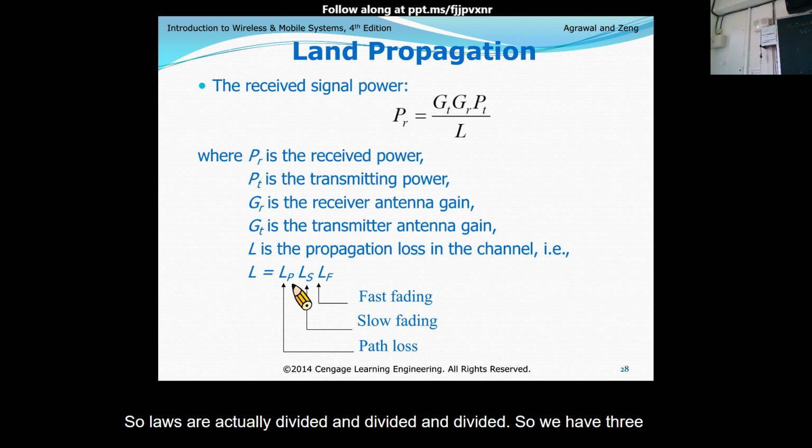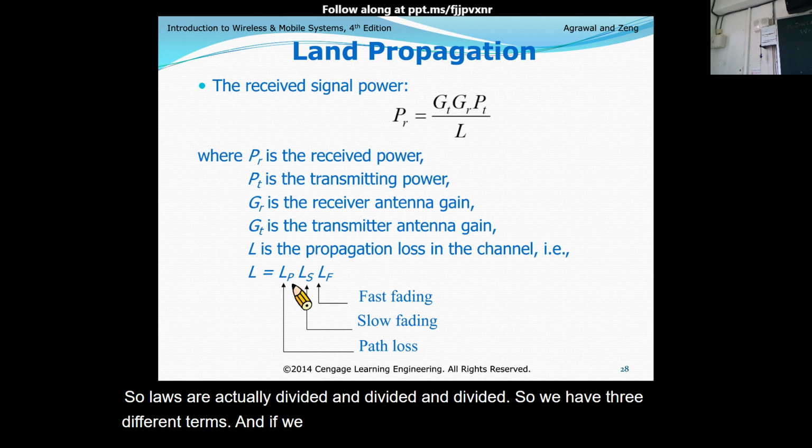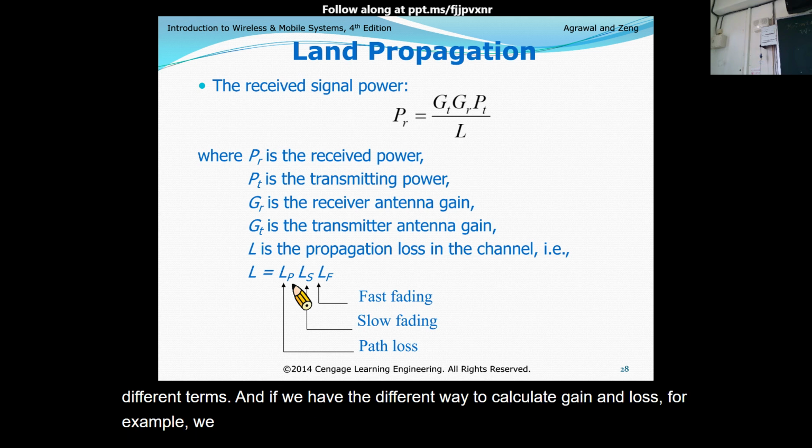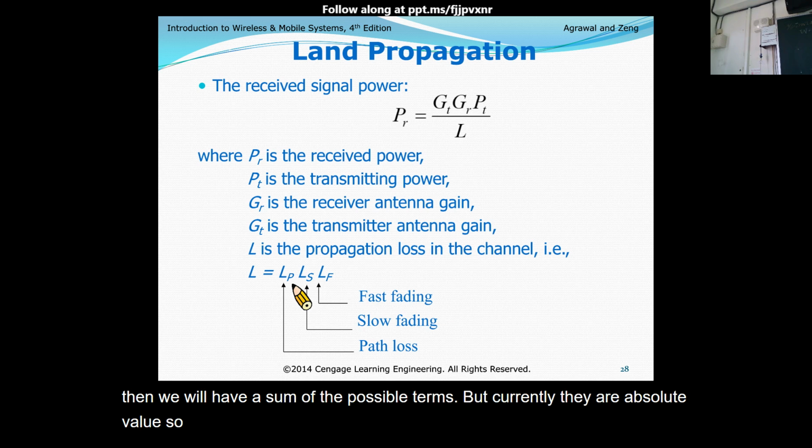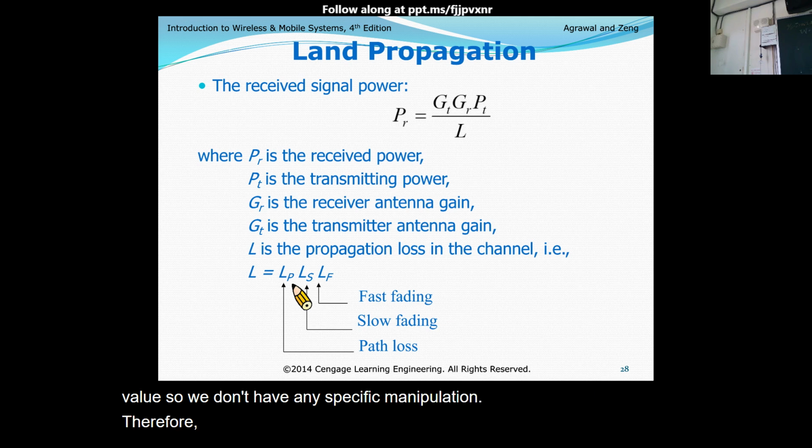If we use a different way to calculate gain and loss, for example log, then measuring loss or gain in terms of log gives a sum of the possible terms. But currently, they are absolute values, so we don't have any specific manipulation. Therefore, we have multiplication directly rather than a sum of all the terms.